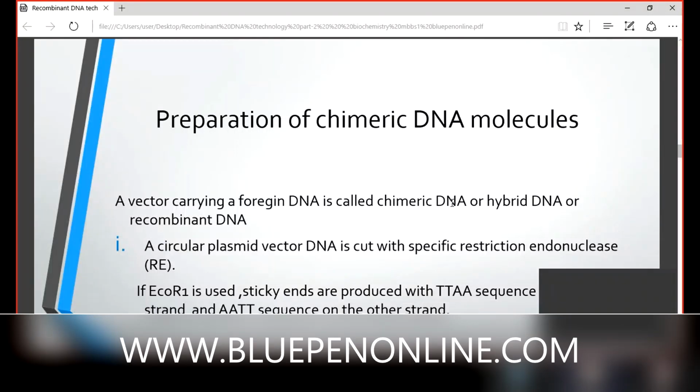That mRNA will have only coding sequences, because during transcription, through post-transcriptional changes, the introns are removed and only exons are present. So from the specific mRNA, cDNA is produced by reverse transcriptase. Okay, then how can we prepare the cDNA molecule?